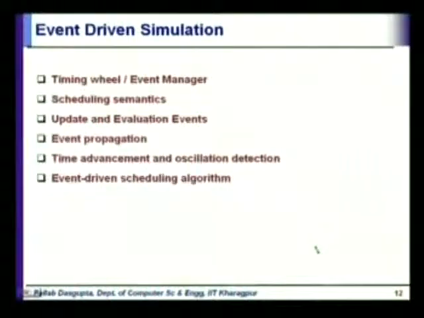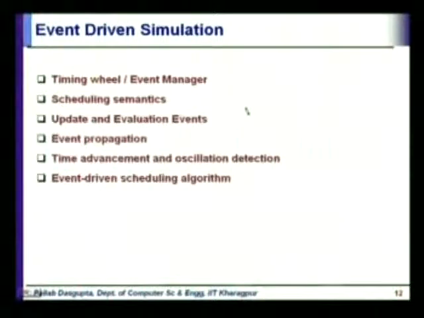So we are going to go into event driven simulation now and study how an event driven simulator works. The things that we are going to look at: there is a notion of an event manager, whose role is to schedule all the events that are taking place within the circuit. Then we will look at the scheduling semantics, the way the language is interpreted in terms of the way the actual events are scheduled by the simulator.